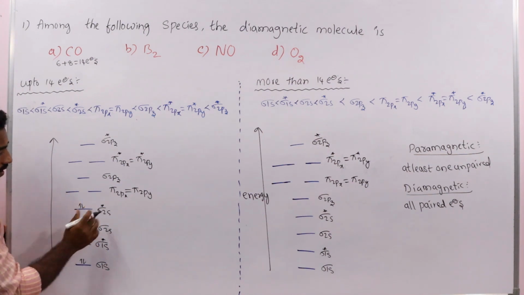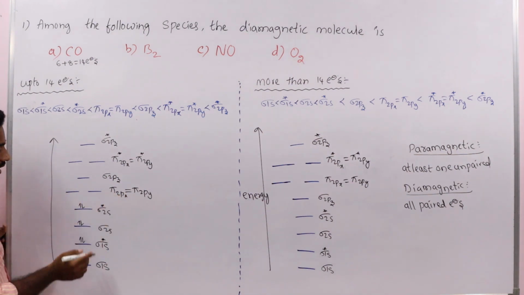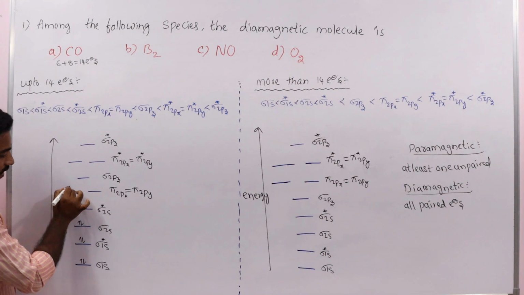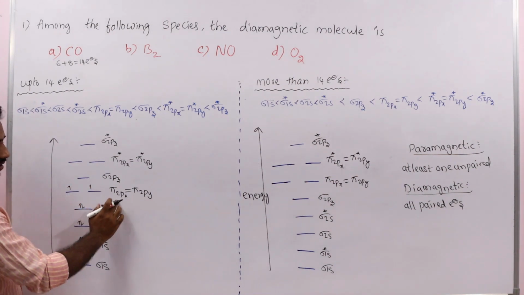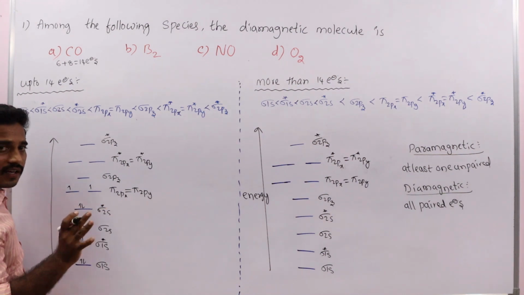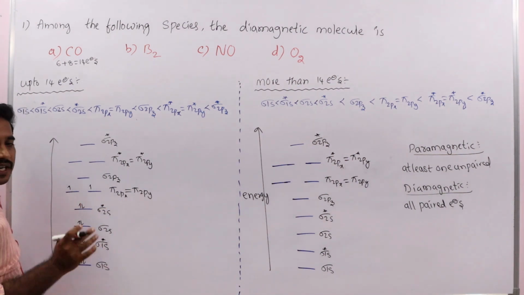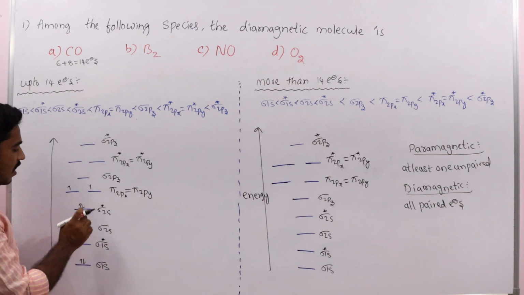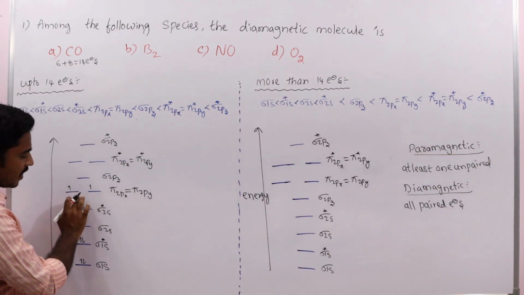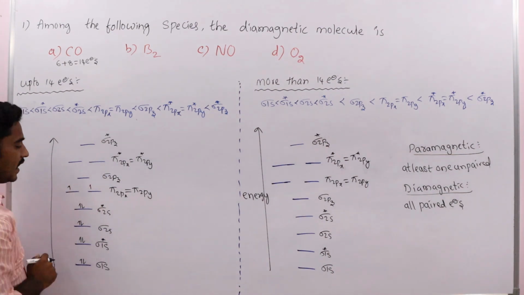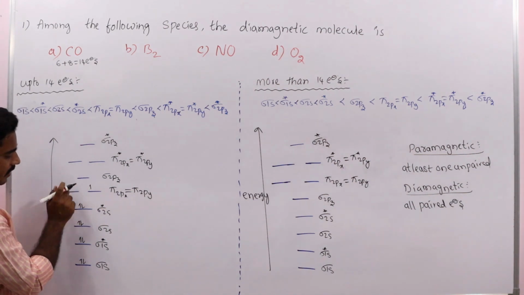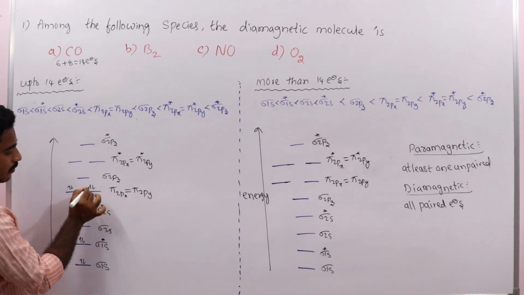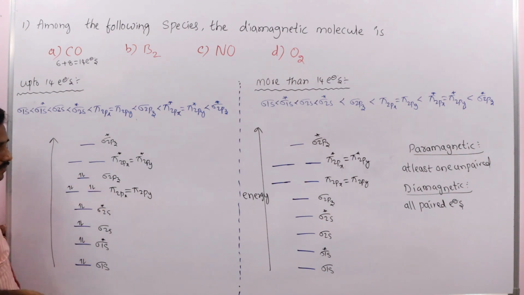When we come to pi 2px equal to pi 2py, we put 1 electron here first, then 1 electron here. Why are we filling like this? Because these two have similar energy. According to Hund's rule, when orbitals of similar energy are present, we fill one electron in each orbital first, then pairing takes place. Up to here 8, 9, 10, 11, 12, 13, 14.